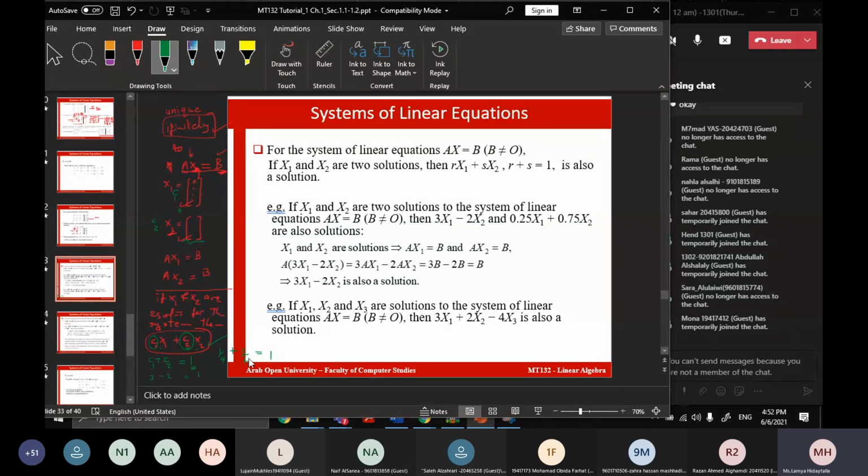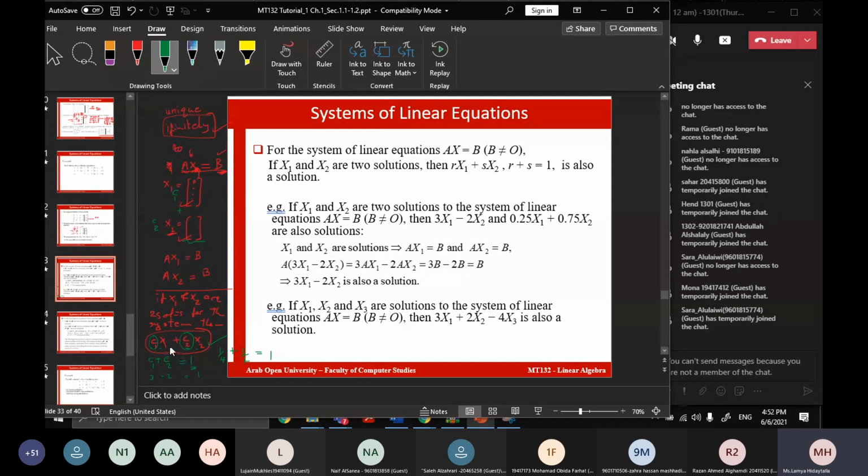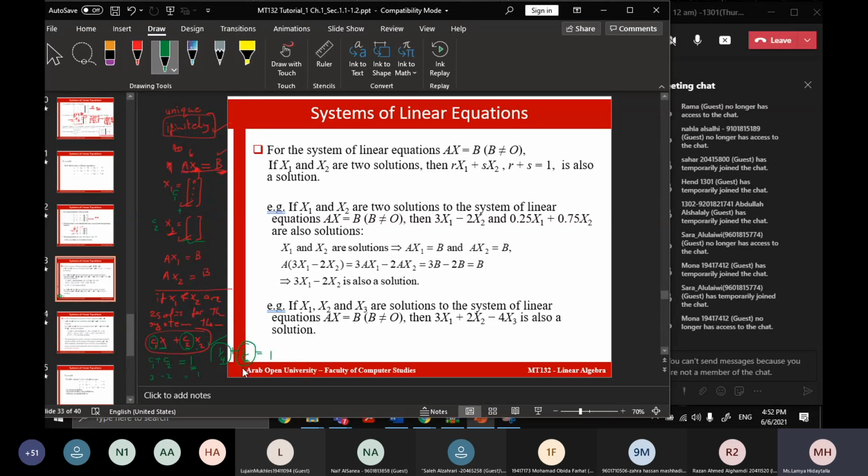You can take these numbers for C1 and C2, and you can multiply x1 by 1 over 4 and x2 by 3 over 4, or the opposite. No problem, both will give you a solution for the system.